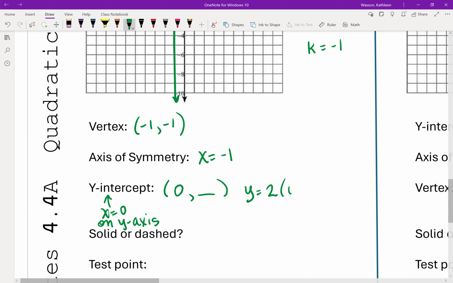So even though we're graphing an inequality for this, I'm going to write y equals 2 times 0, that's my x, plus 1. The 0 plus 1 is squared, and then there's a -1 after. 0 plus 1 is 1.